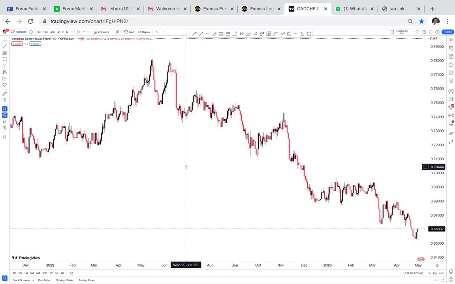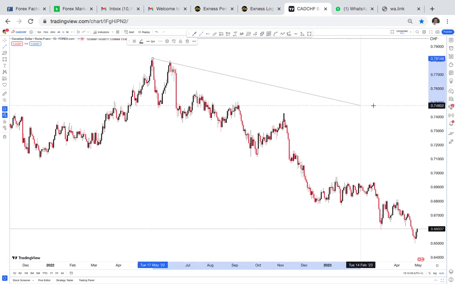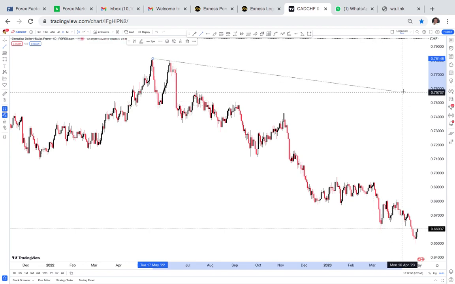Now, you can assume that this is a corrective move. For those that know how to work with trend lines very well, this is a corrective move. So I have this trend line like this one. I have another trend.